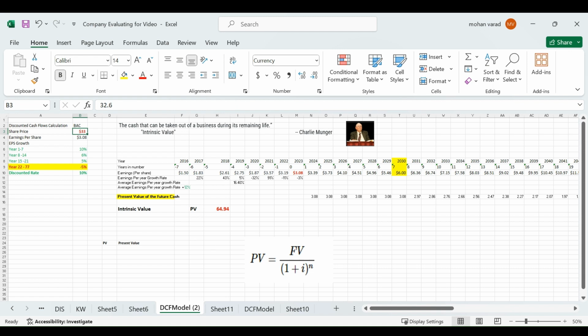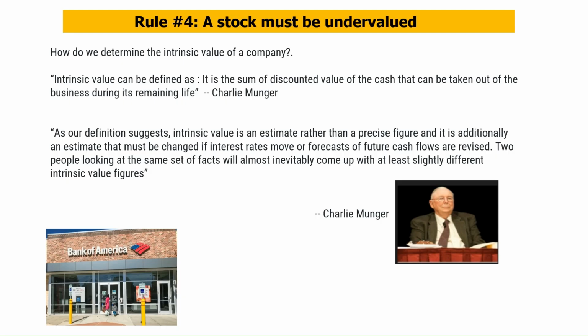Charlie Munger says intrinsic value can be defined as the sum of the discounted value of the cash that can be taken out of the business during its remaining life. As the definition suggests, intrinsic value is an estimate rather than a precise figure, and is additionally an estimate that must be changed if interest rates move or forecasts of future cash flows are revised.